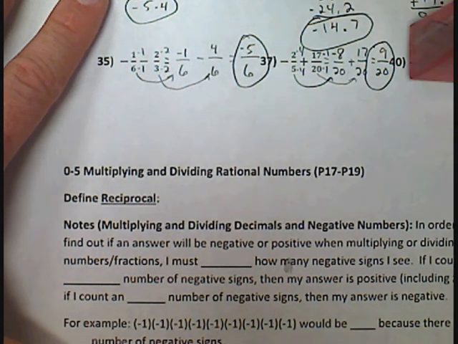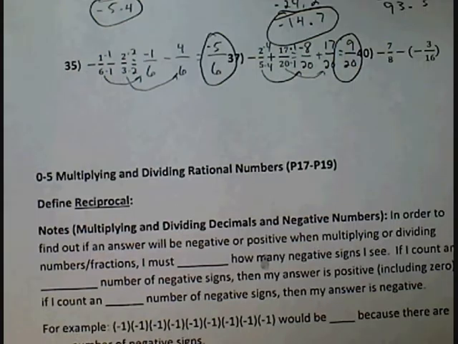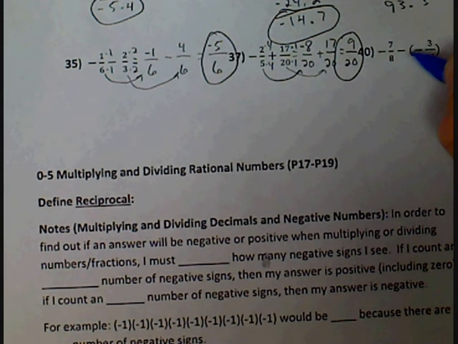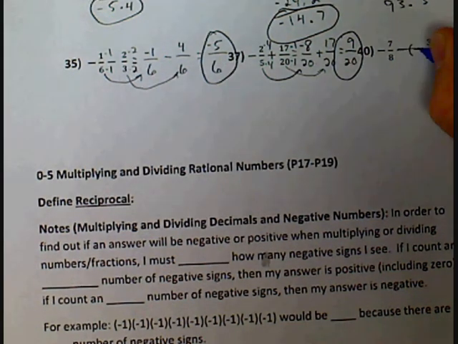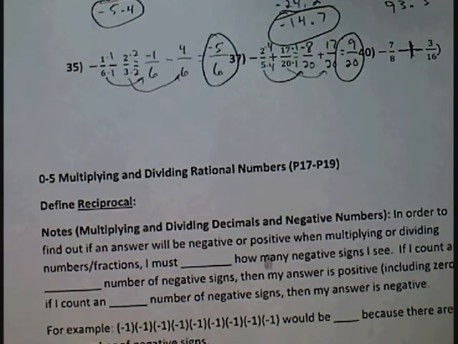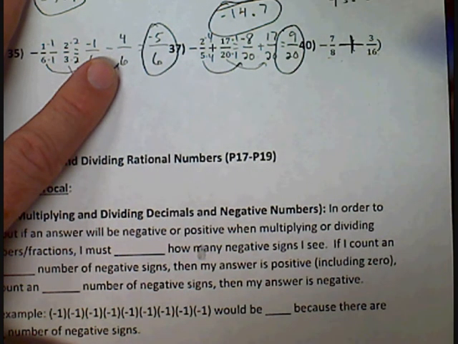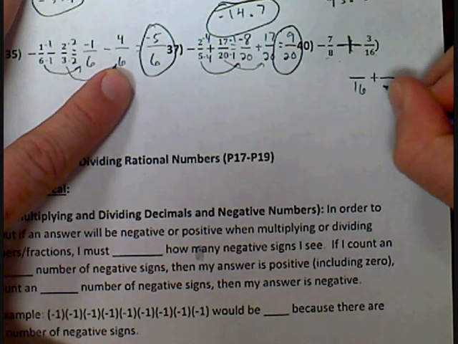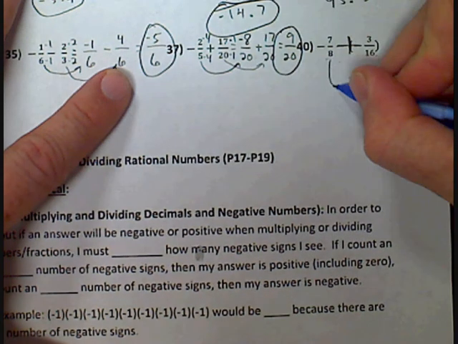Pause the video for number 40 and try. On number 40, negative 7 over 8 minus. Minus means take away the debt. The only way to take away the debt is to add. I need to come up with common denominators. 16 is my common denominator. Something over 16 plus something over 16 equals something over 16. How did I get from 8 to 16?